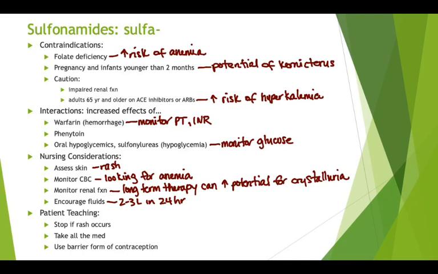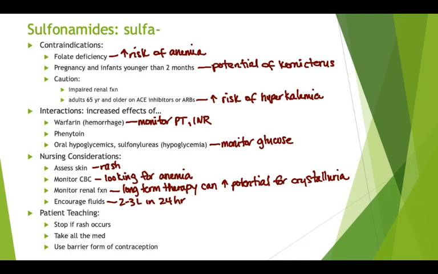You want to watch giving these types of drugs. It's a caution. It's not a complete contraindication, but it is a caution for patients that have impaired renal function because of the crystallizations that can occur. And those patients that are 65 and older, and those that are on ACE inhibitors or any ARBs, because of their risk for hyperkalemia.